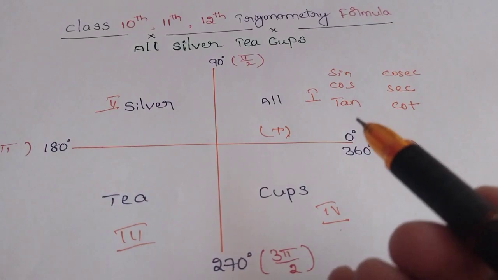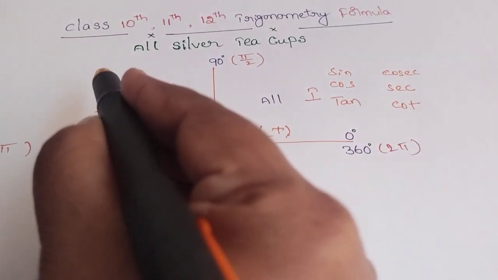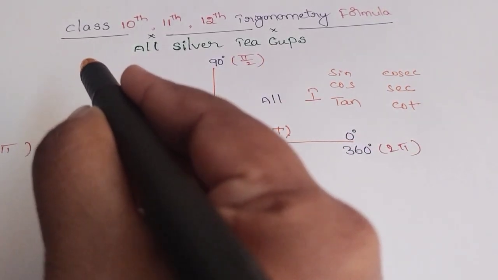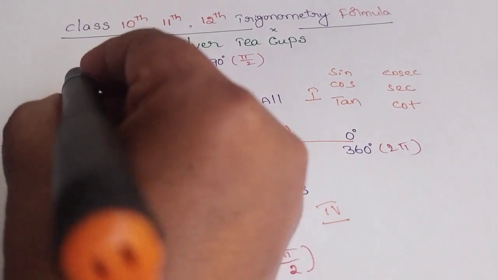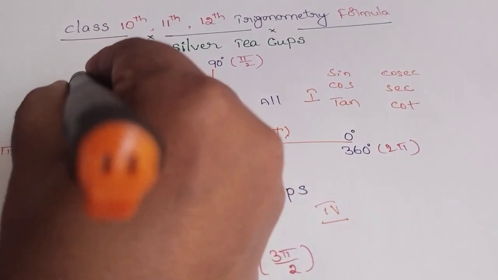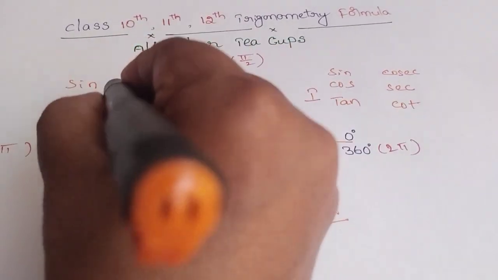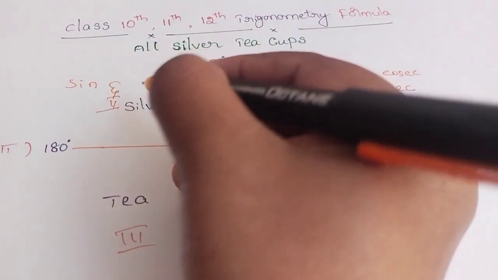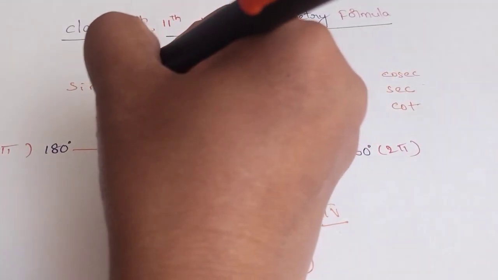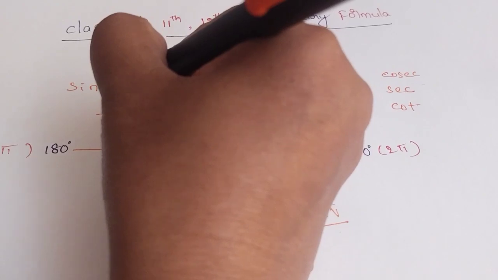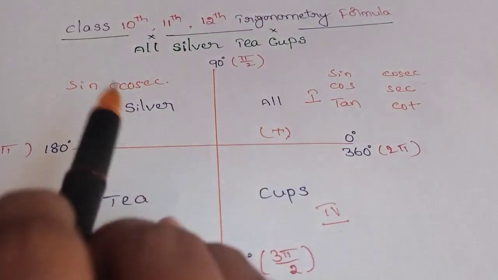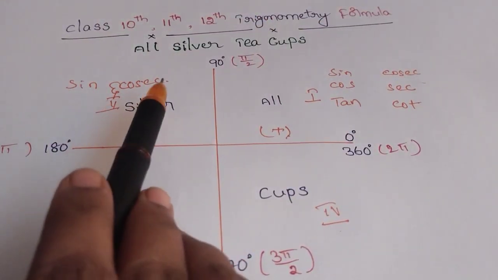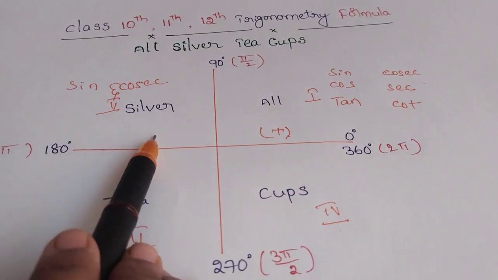So in second quadrant, here we have only 2 trigonometric functions. They are sine, and the opposite of sine is cosecant. So sine and cosecant have their house in the second quadrant.